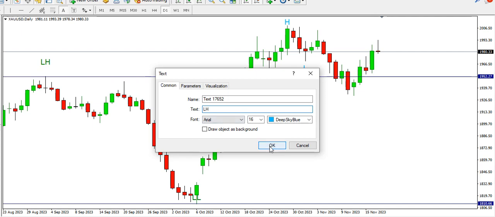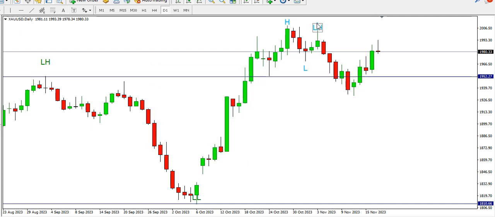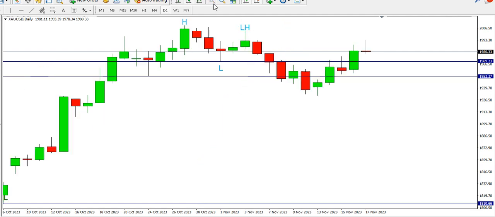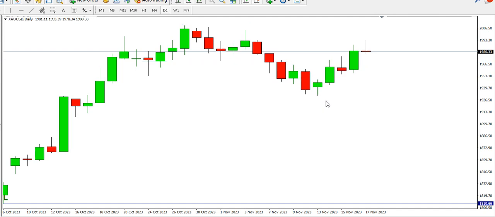Lower high. Now this structural low got broken around here. Price actually closed below the structural low. You can see how price progressed to the downside. But for now we have a structural low around here.